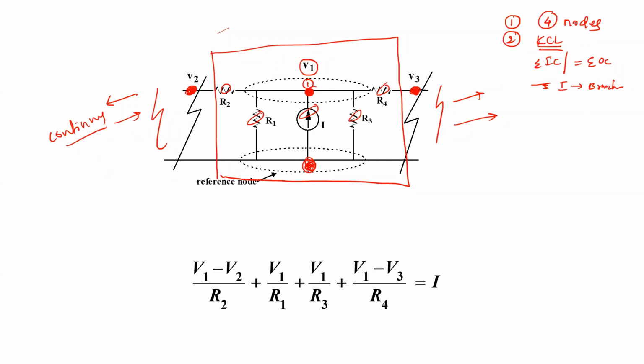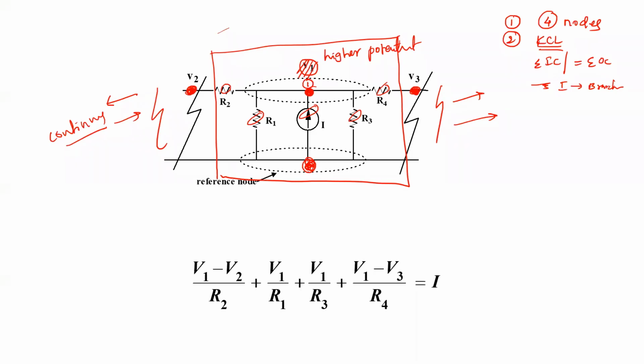That means there should be 5 currents. And one more assumption is, while applying KCL at node 1, assume that it is at a higher potential.